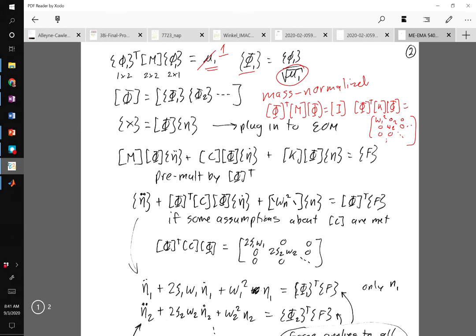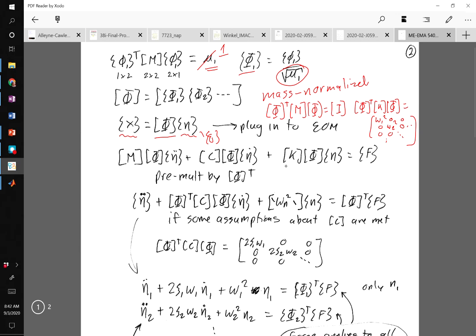Once we have this mass normalized mode matrix, this lets us do a transformation, basically a change of variables. We're going to replace the x variables with the mode shape matrix times a new set of variables, eta. Sometimes we use q for those, but we'll match the Ginsburg notation where eta is used. If we plug that into this equation of motion that we started with, this is constant, so x double dot is just phi times eta double dot.